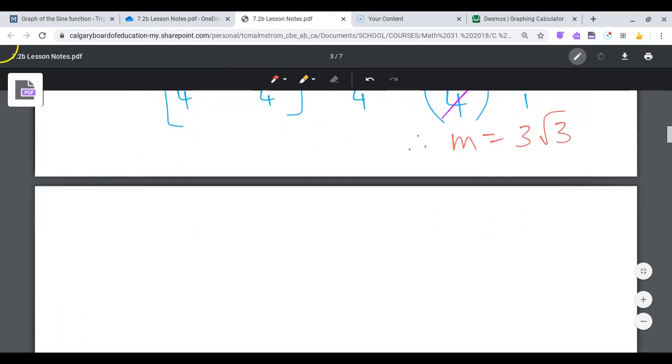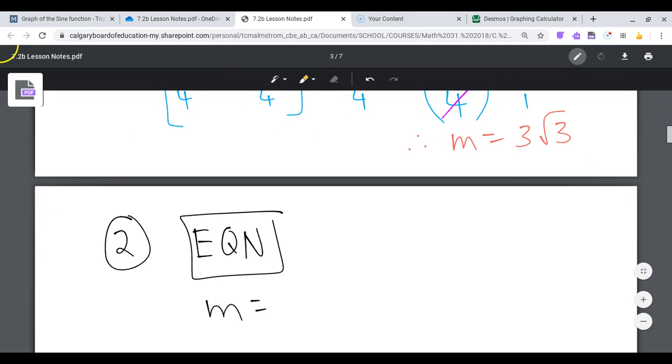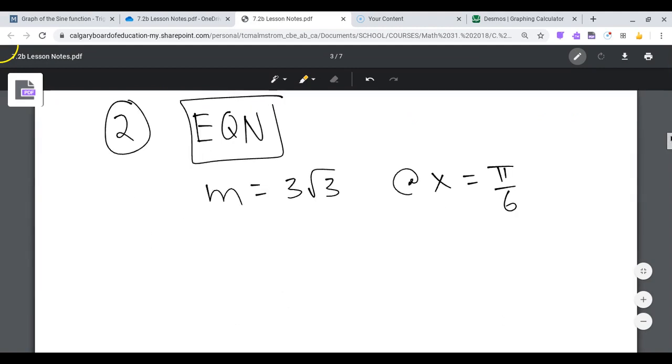Now step 2 is to find the equation. Okay, so what do I know? I know my slope is 3 root 3, and it's happening at the point of tangency of x is equal to pi on 6. And I want to find my y value. So the y has to be evaluated in the original function, which was sine x, so sine pi on 6, divided by cos 2 pi on 6.